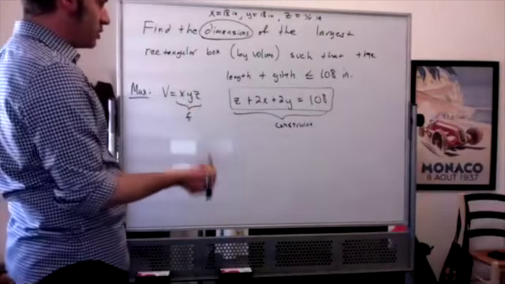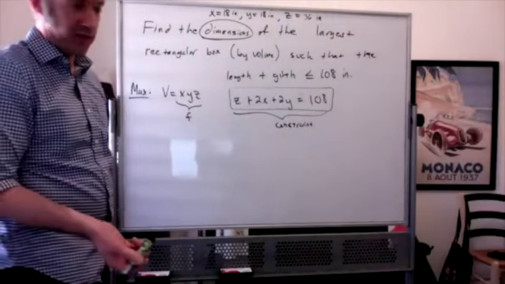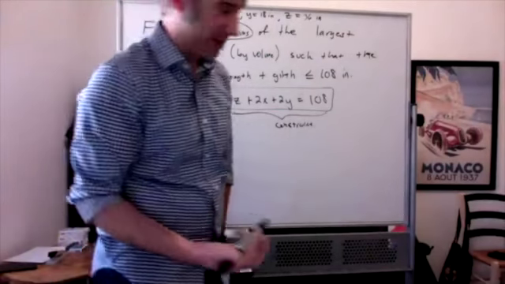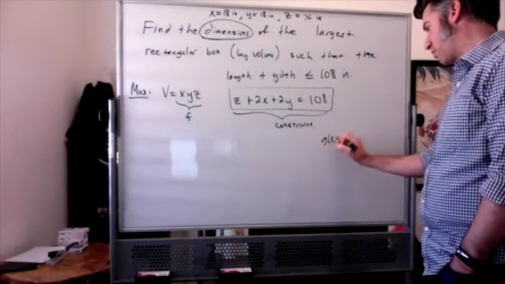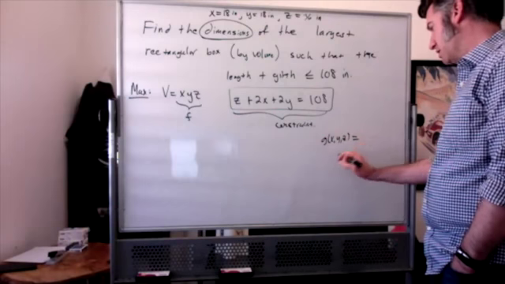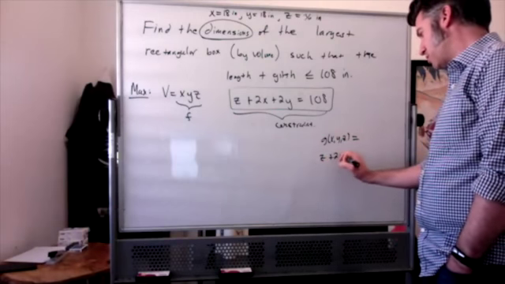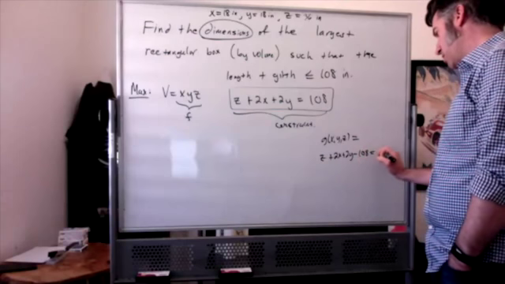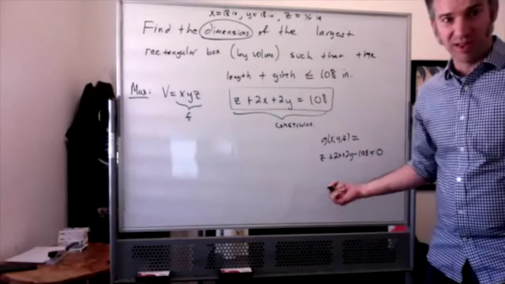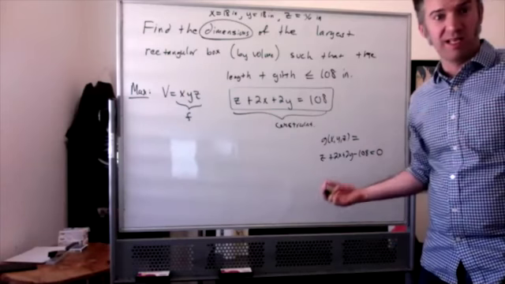And your function g is usually set equal to 0, although it doesn't really matter where you put the constant. So you might say that g of x, y, z is z plus 2x plus 2y minus 108 equals 0. It doesn't really matter where that 108 lives because we're going to be taking some partial derivatives.